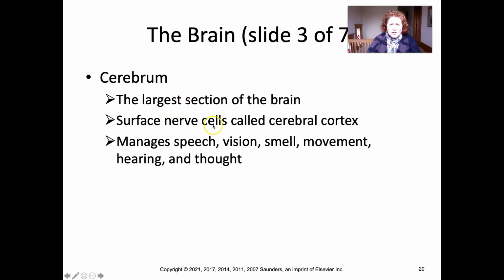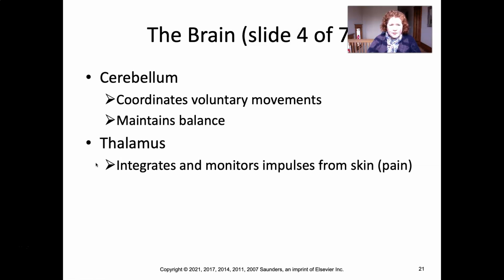The surface nerve cells are called cerebral cortex, and it manages your speech, vision, smell, movement, hearing, and thought. Cerebellum is what coordinates your voluntary movements and maintains balance. And your thalamus integrates and monitors the impulses coming from your skin. They're what are able to detect pain or translate that sensation into pain.